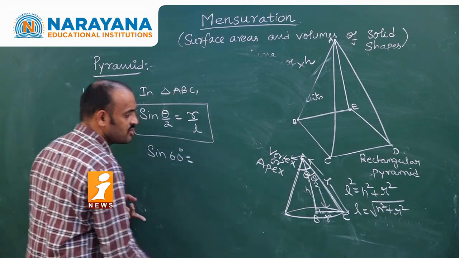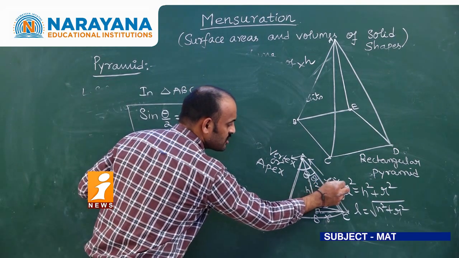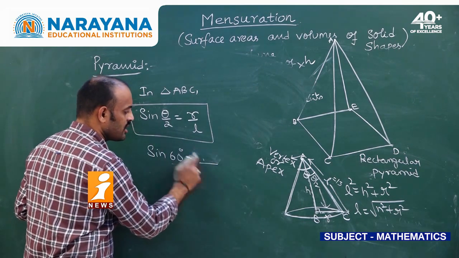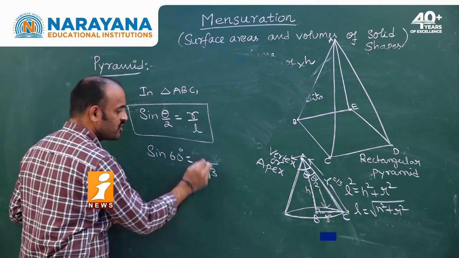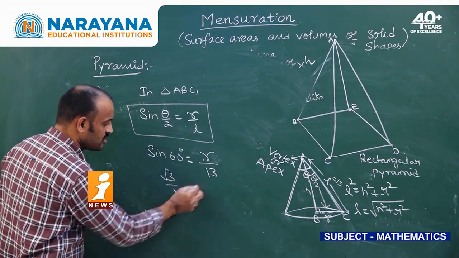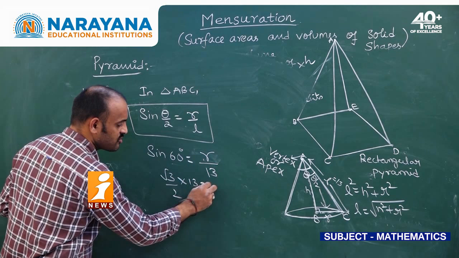Sin 60 degrees is equal to R by L, and L is given as 13. R we need to find out. What is sin 60 degrees? Root 3 by 2 into 13 is equal to R.